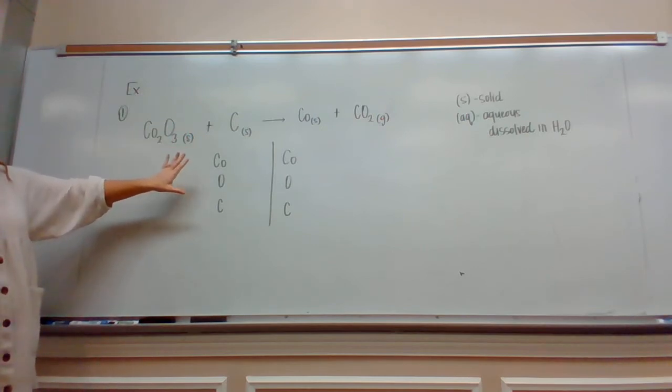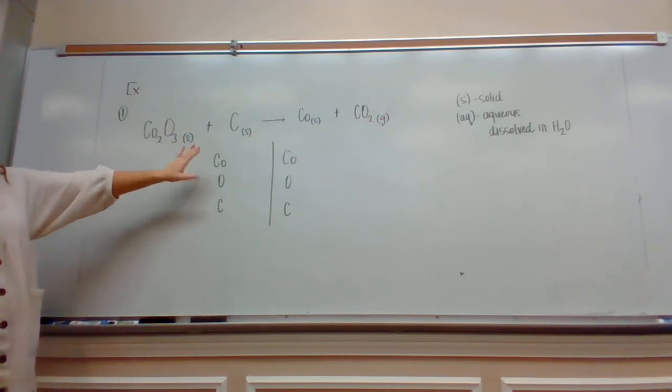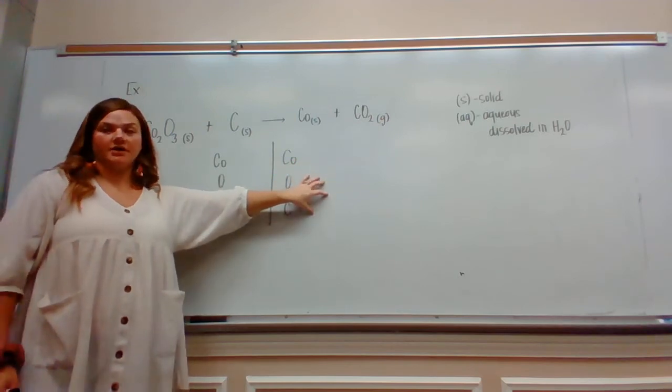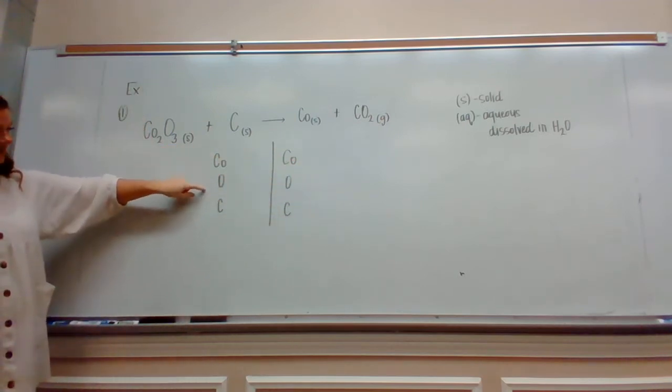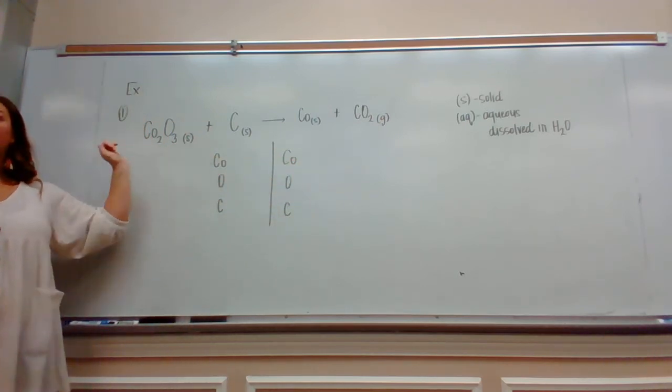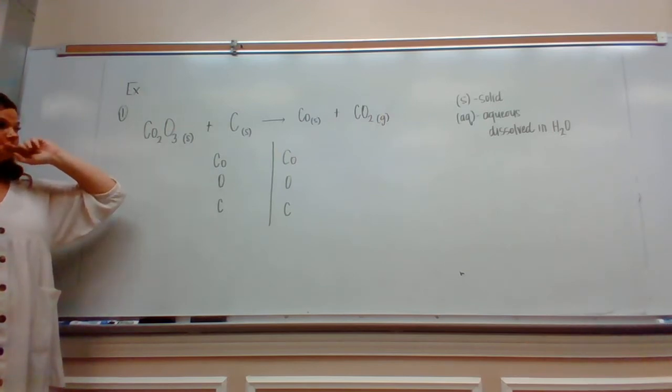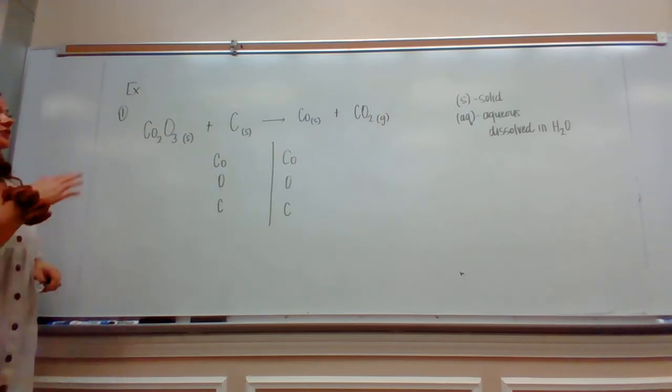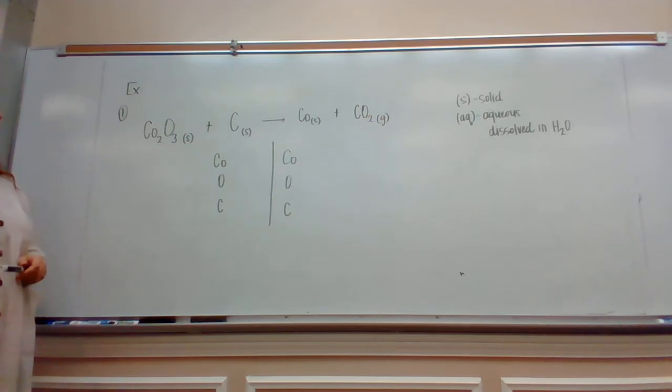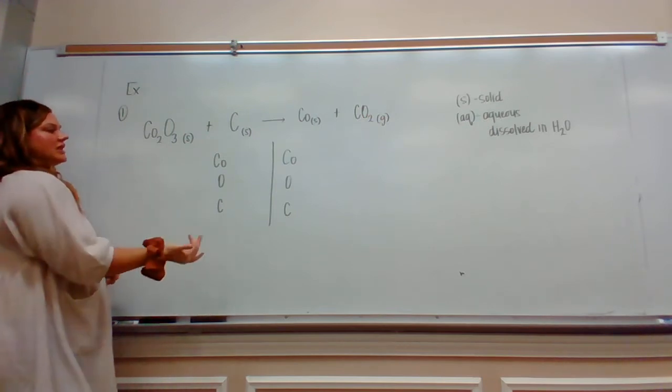I divide it into 2 parts, my reactants, my products. I list each element that occurs in this equation. All right, then from there, I take a count on how many I have on each side.